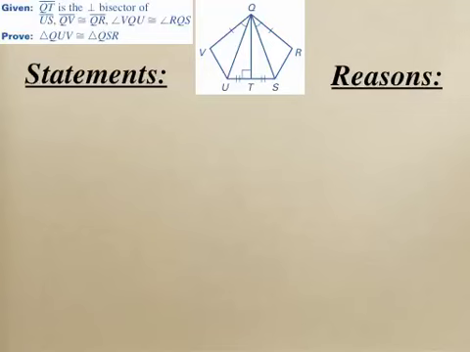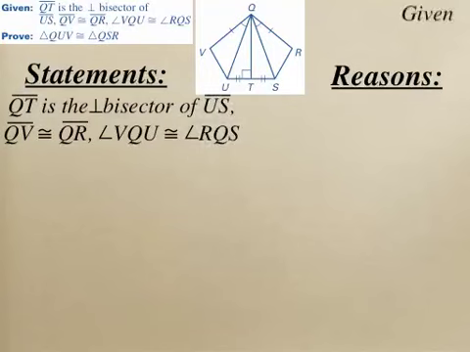In this case, notice that there are actually 4 different triangles here. We're trying to prove that the furthest out triangles, so the furthest to the left and the furthest to the right triangles, are congruent to each other. We're always going to start with our givens, so go ahead and rewrite what you were given.